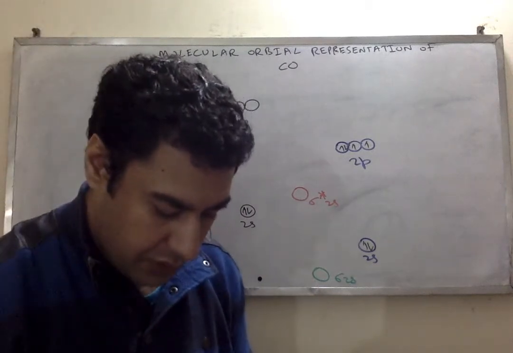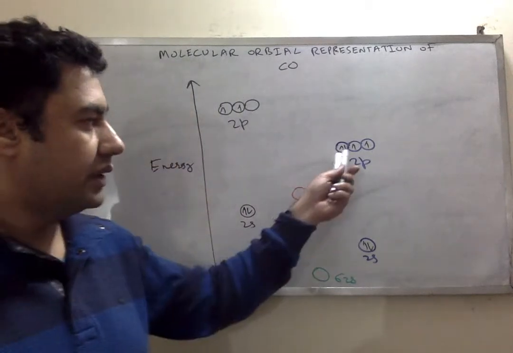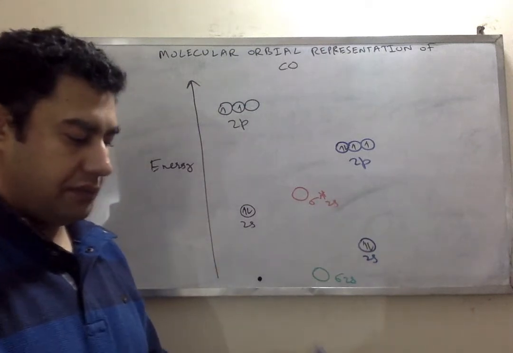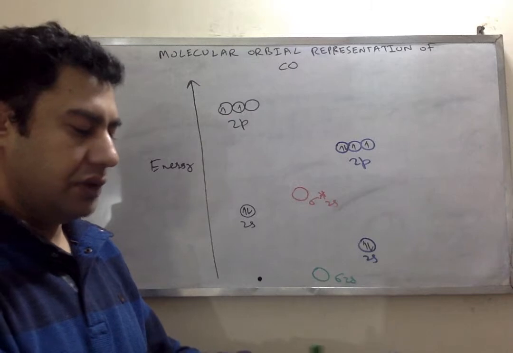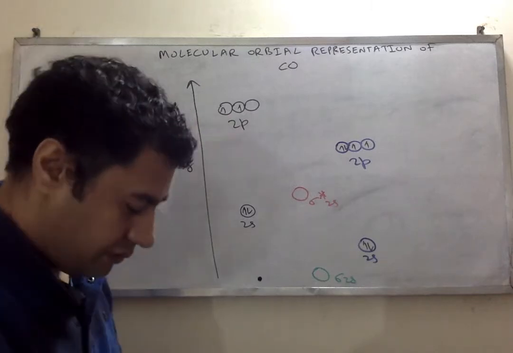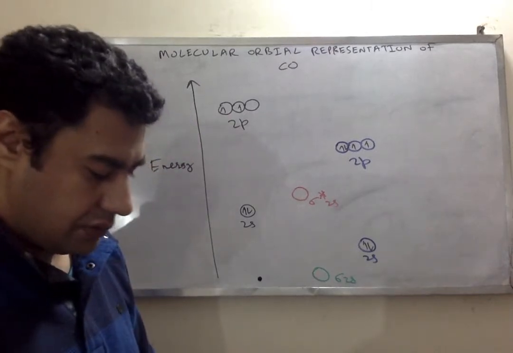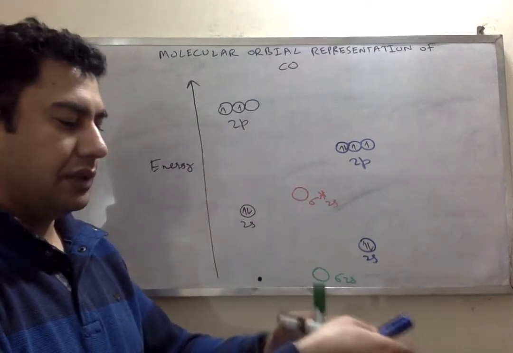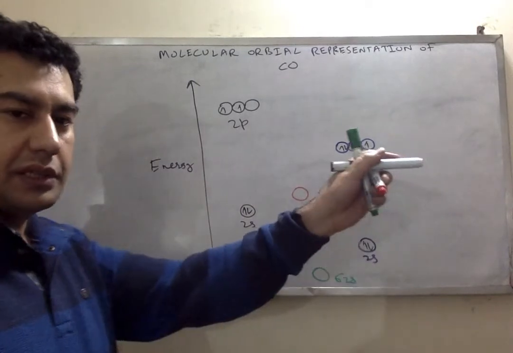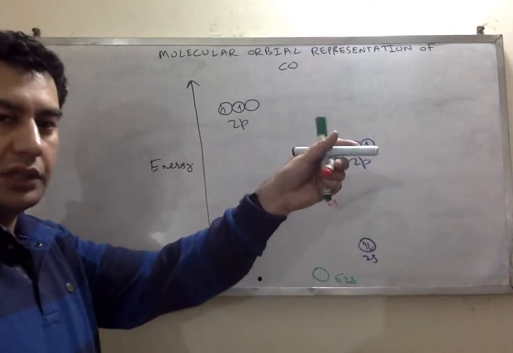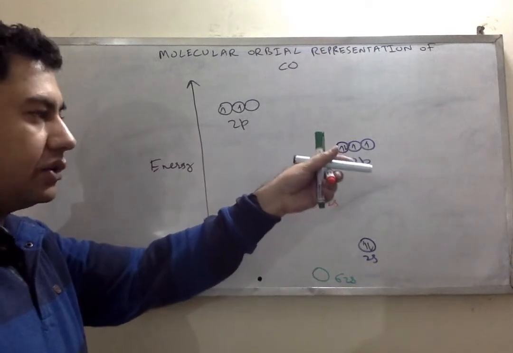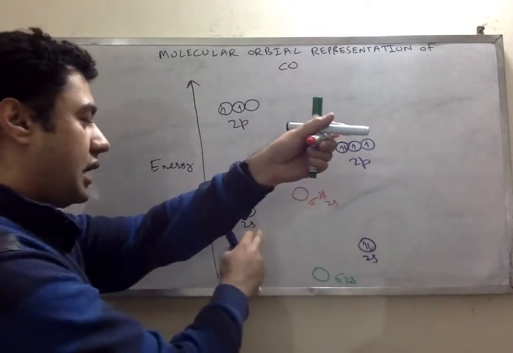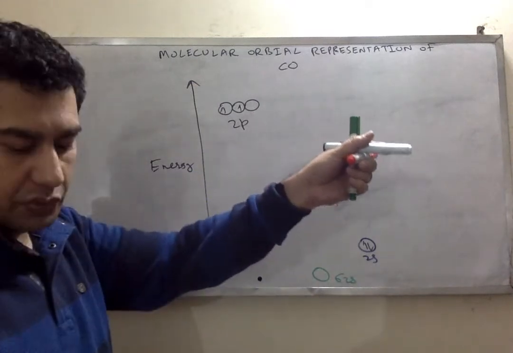Now, we are all aware that the 2p orbitals are mutually perpendicular. So they are somewhat like this, placed in space. We can show them in this particular fashion in space. So they are mutually perpendicular. These three are the 2p orbitals, and these 2p orbitals are going to interact with the 2s orbital.